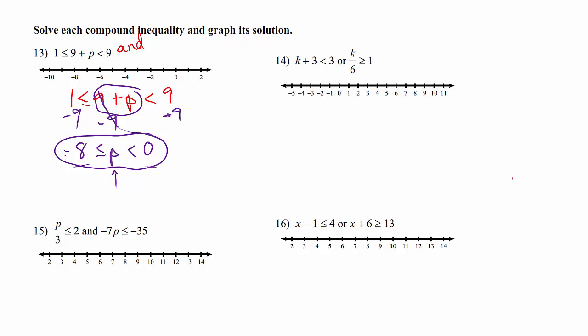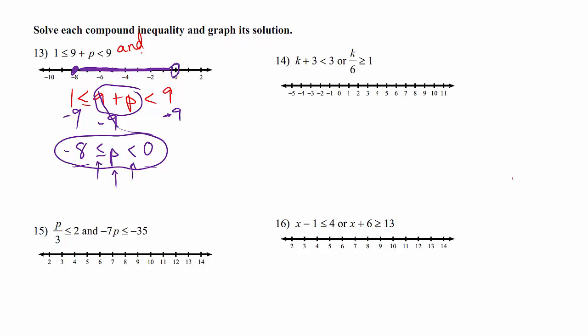But also, we have to look at our inequality symbols to know what kind of dots to do. Since -8 is next to an equal to, it needs to be filled in. And since 0 is next to a not equal to, it should not be filled in. We're saying p is between those, so we're going to shade in between those two numbers like this.